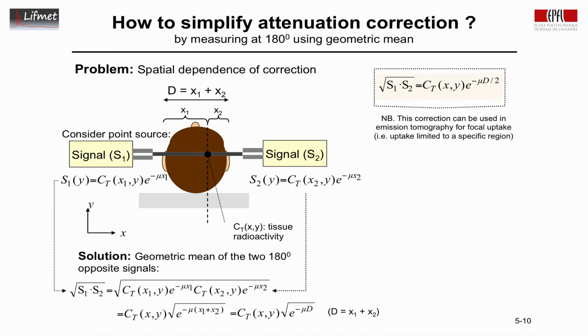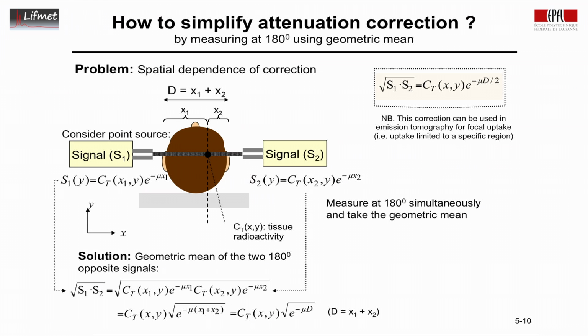It works in reality if the uptake is limited to a specific region, so focal uptake. If the uptake is diffuse over the entire body, it will not work as nicely as for a focal uptake. One example here are the heart scans with emission computed tomography, where the heart has an intense uptake and the rest of the body surrounding the heart does not.